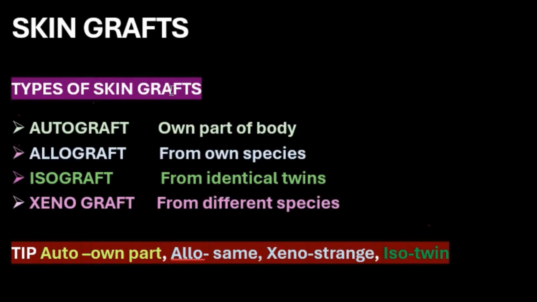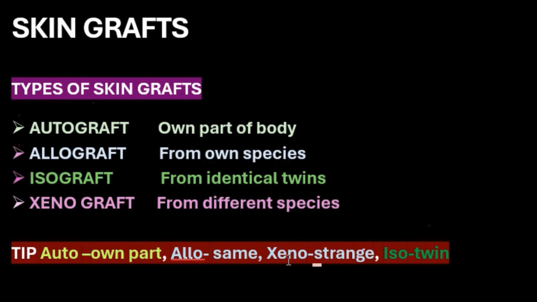Next, types of skin grafts. Autograft, own part of body; allograft, from own species; isograft, from identical twins; xenograft, from different species. The tip here is: auto own part, allo same, xeno strange, iso twin.